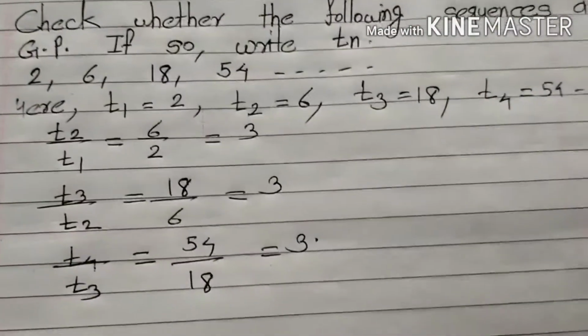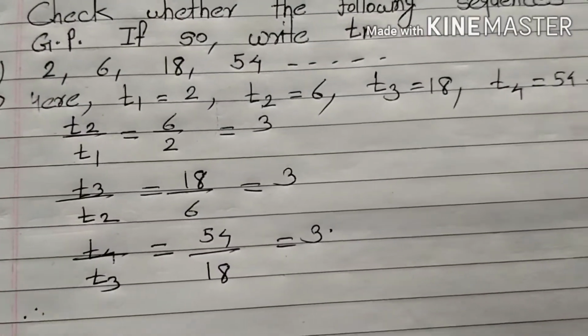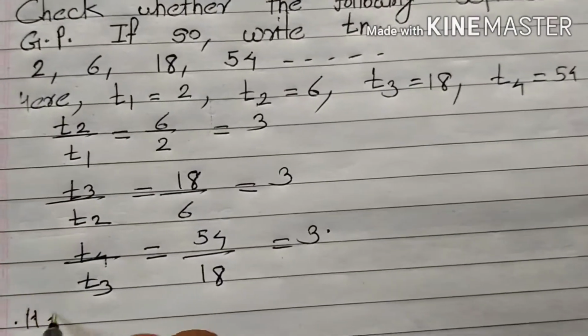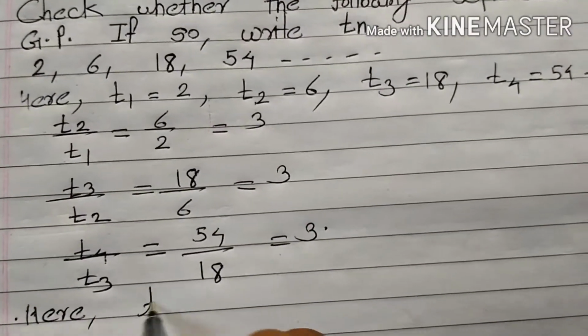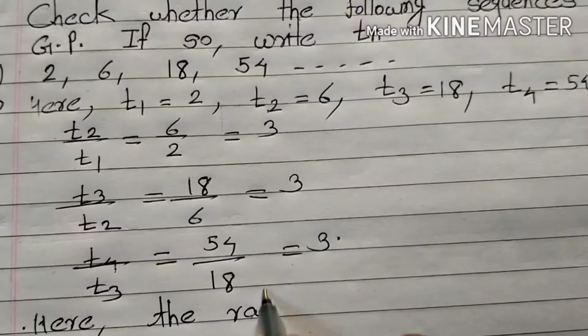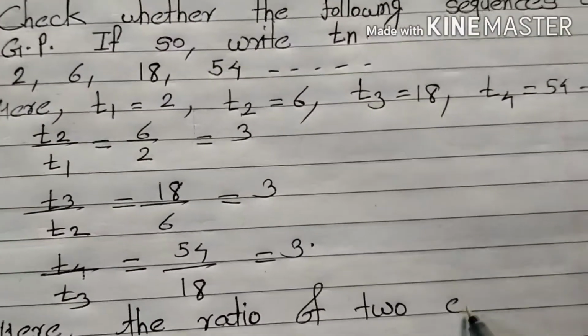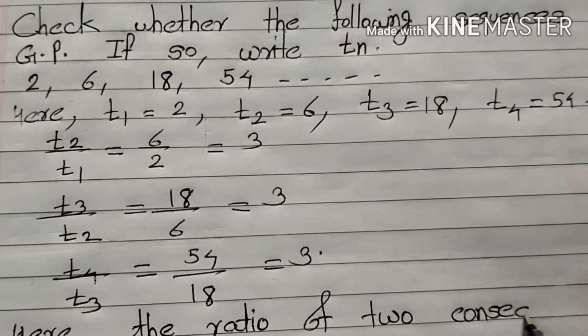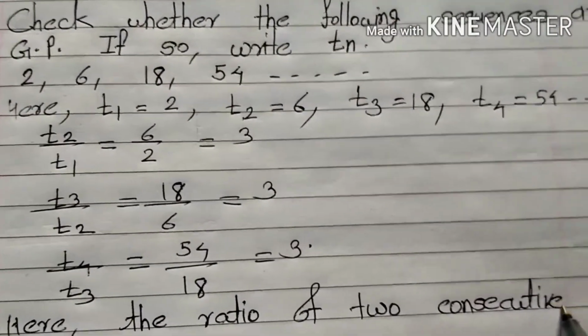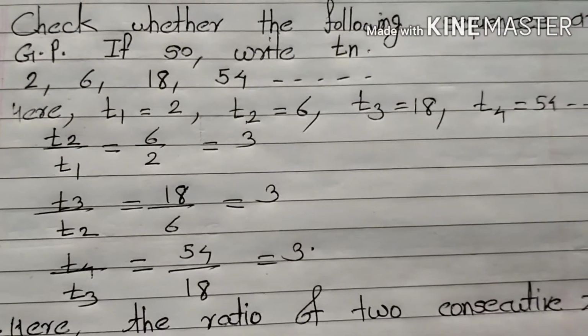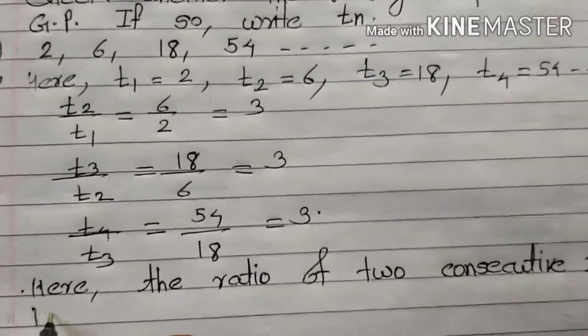Now you can observe that here the ratio of two consecutive terms is constant.